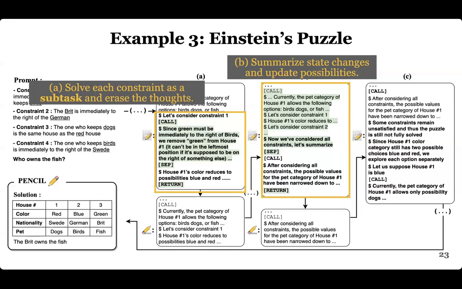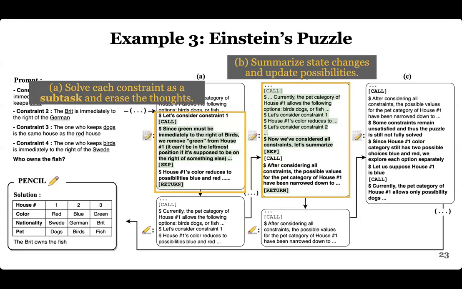And still, when the problem is not solved, we don't know the answer yet. For example, there are 2 possibilities for the color category in house 1: it could be a red house or a blue house. We might want to try these different possibilities. For example, we first assume the color of the first house is red, and this will create a branch.